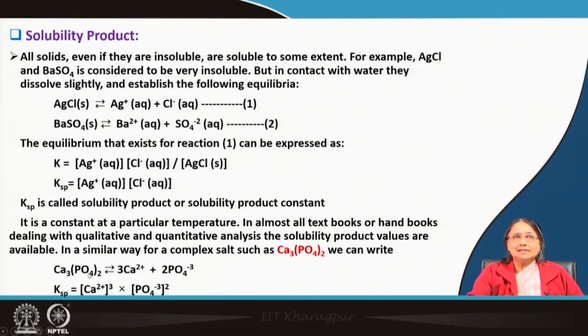So, 1 mole of calcium phosphate produces 3 moles of calcium 2 plus and 2 moles of phosphate 3 minus. So, in that case Ksp will be calcium 2 plus concentration to the power 3 into phosphate ion concentration to the power 2, because here the stoichiometry is 3 and 2, that is why it comes as a power.